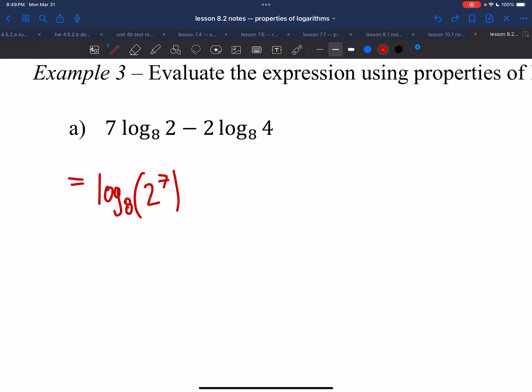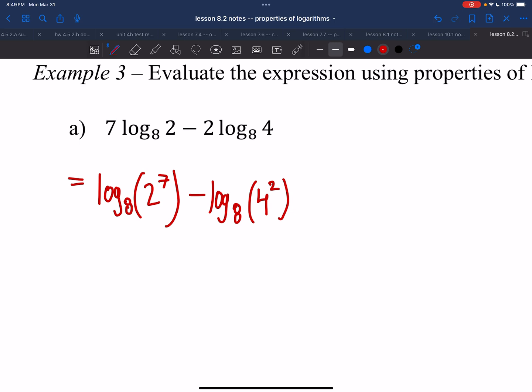So the word simplifying doesn't really, you could be expanding or you could be doing whatever. So this gets us log base 8 of 2 to the 7th and log base 8 of 4 squared just by power rule.